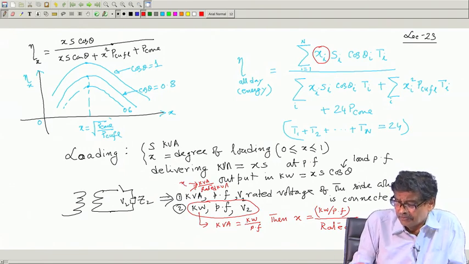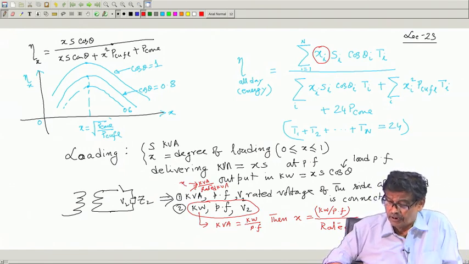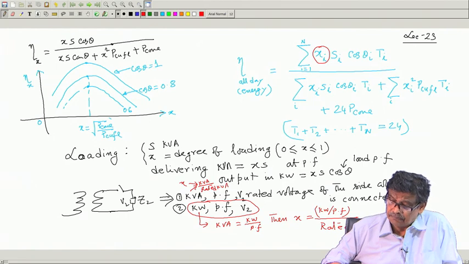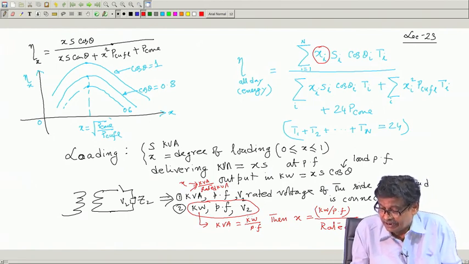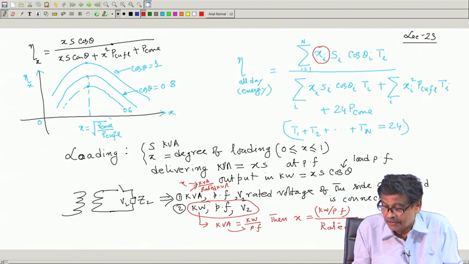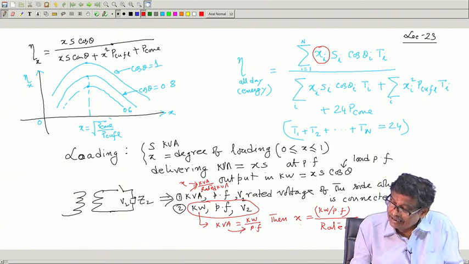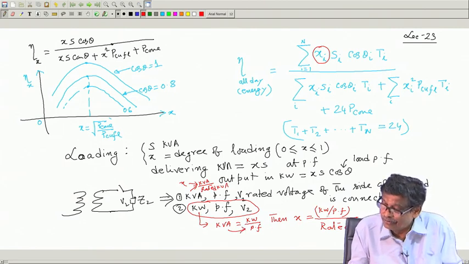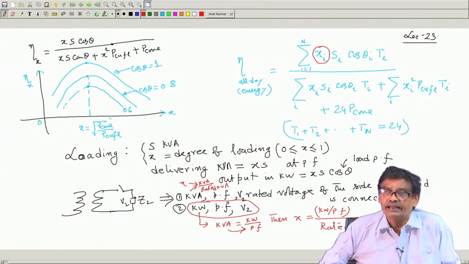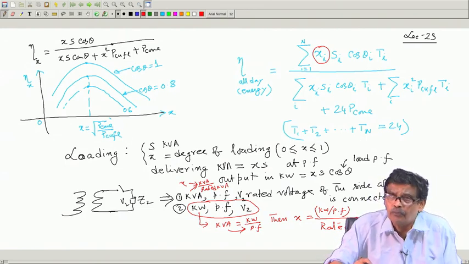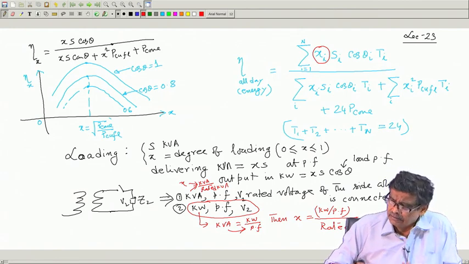For this load, if the load is specified in terms of kilowatt, power factor and V2, then the kVA at which it is operating is kilowatt by power factor, and then x corresponding to this load will be this. But I will insist that you better not memorize this formula, never do it.